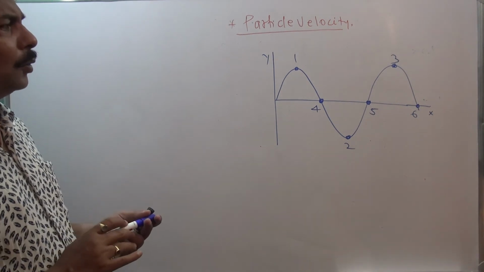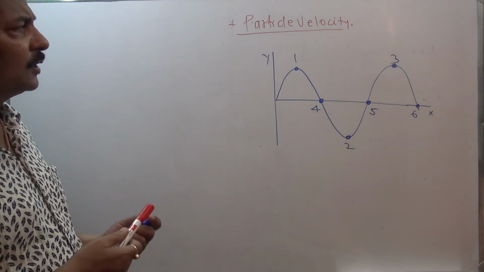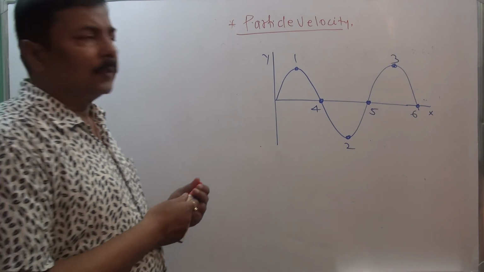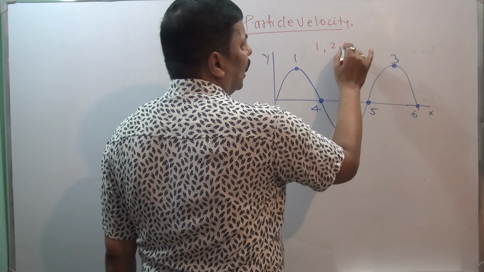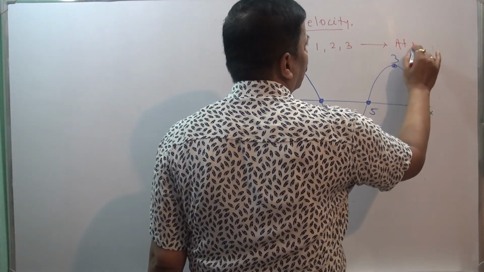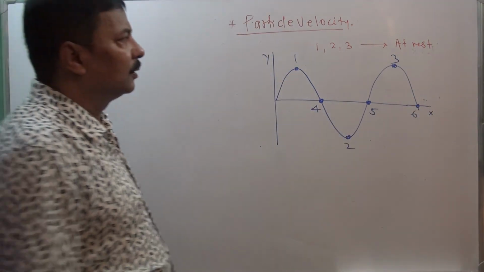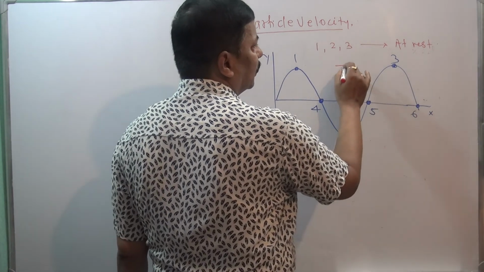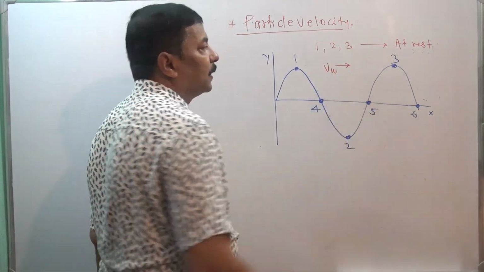Just by looking at the diagram, you should be able to understand that particles 1, 2 and 3 are at rest. Wave is going in this direction. This is the wave direction.